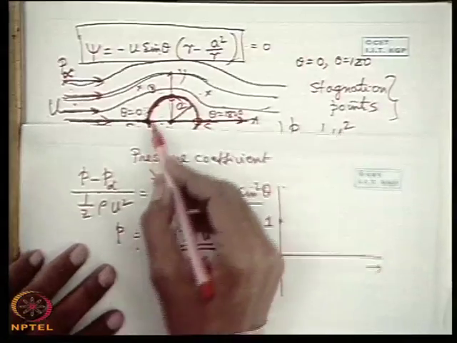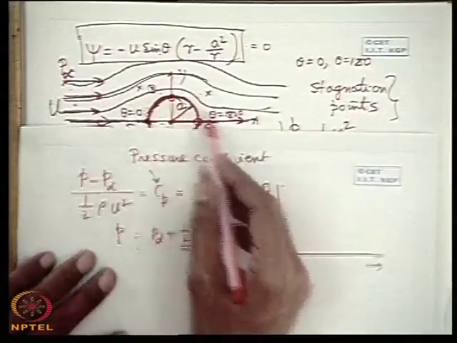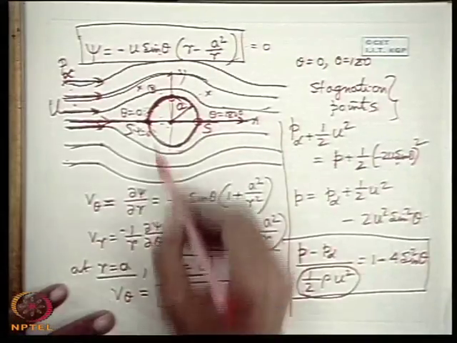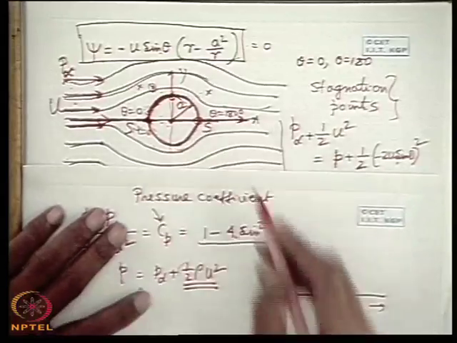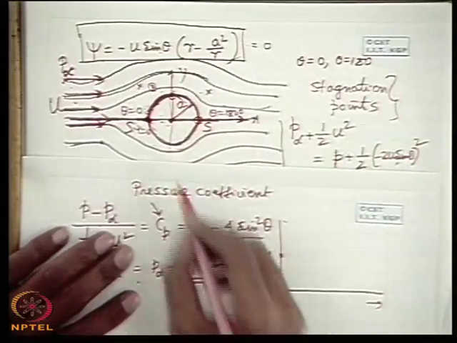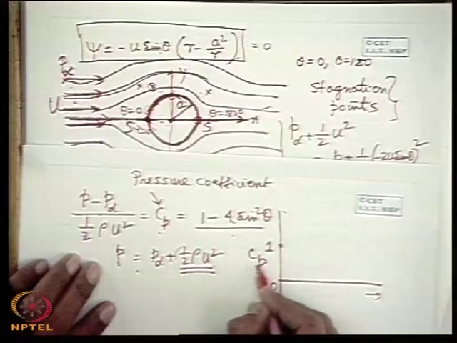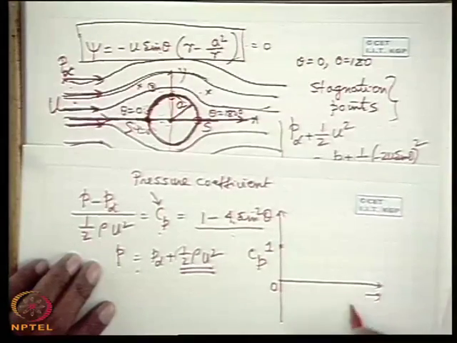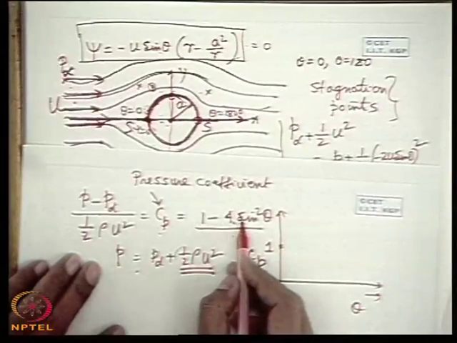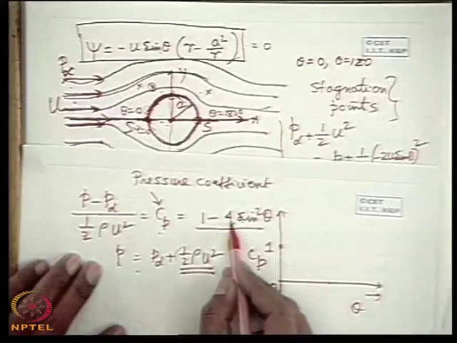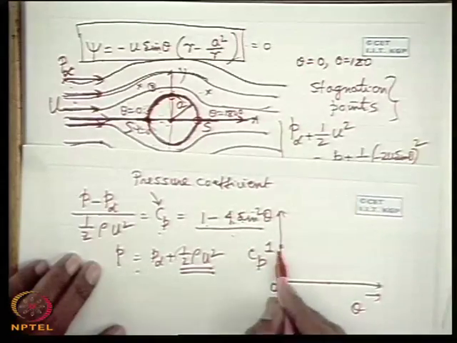Then the pressure goes on decreasing as the velocity goes on increasing. I have shown you earlier that the velocity increases over this part, so the pressure continuously decreases. And you see, if this is Cp in this direction and this is theta, this function reaches a minimum value at theta equal to pi by 2, which is 1 minus 4, that is minus 3.